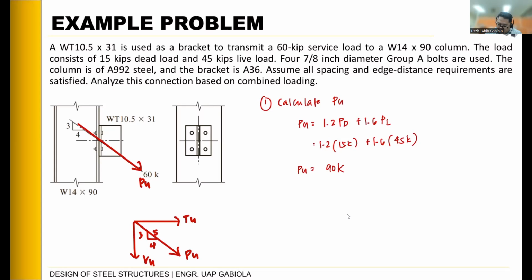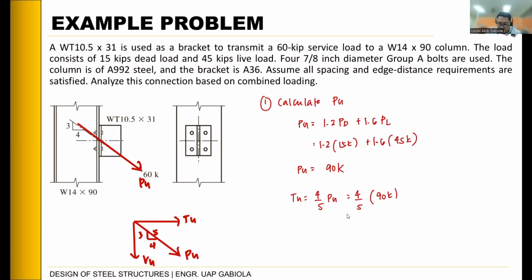How do we get TU? What will be our formula? That is 4/5 of PU. Correct? So, 4/5 times our PU of 90 kips. For those who are wondering how it became 4/5, we use ratio and proportion.